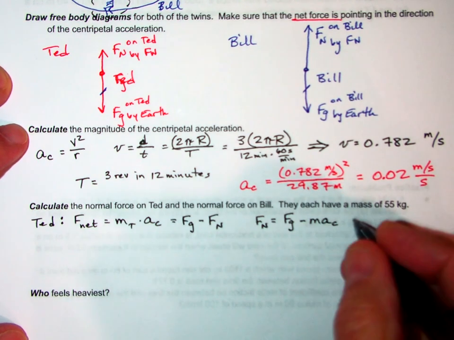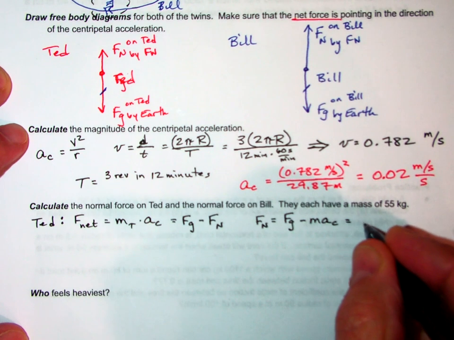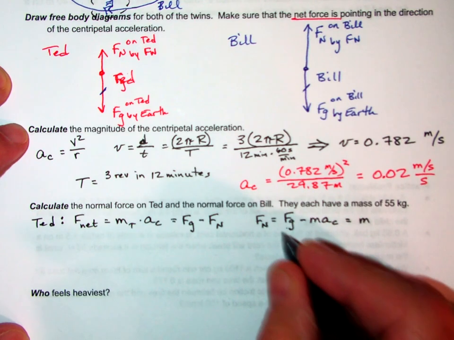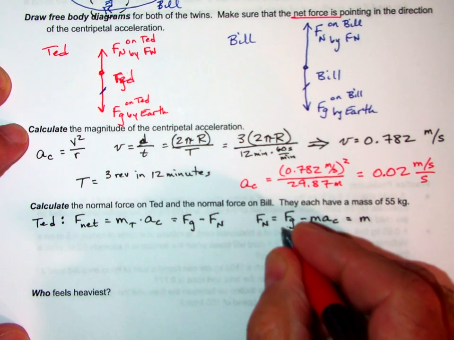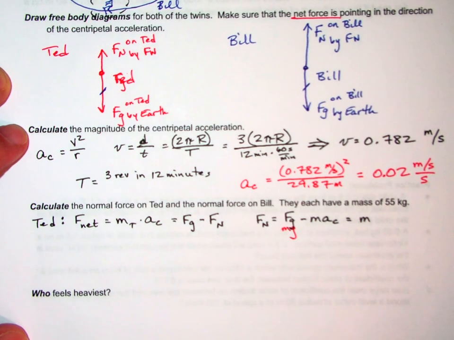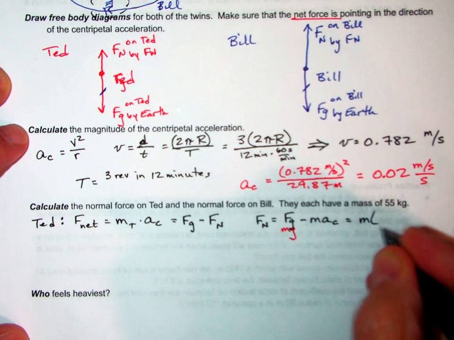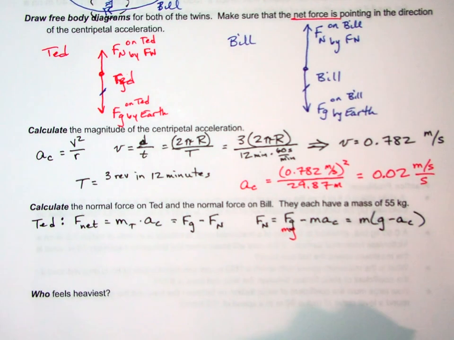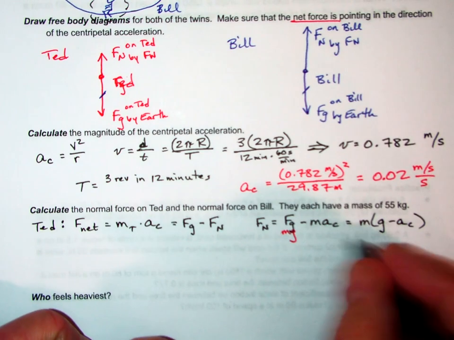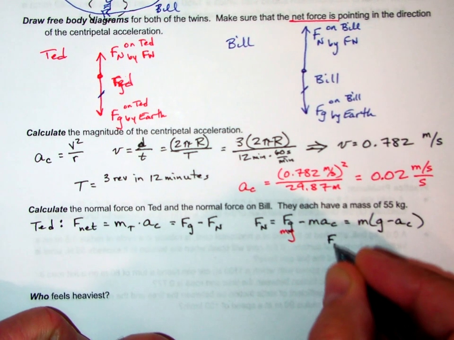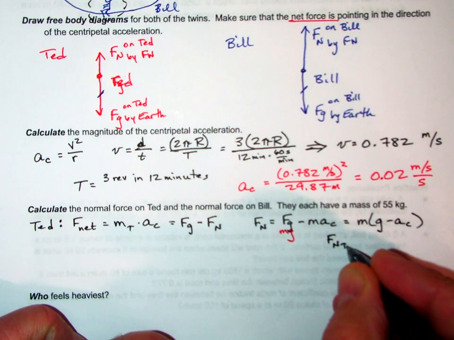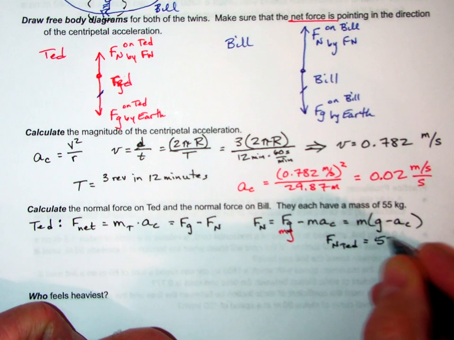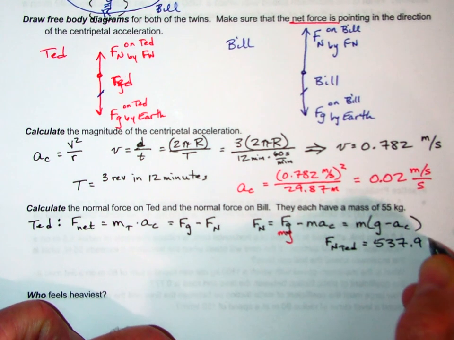Which is equal to 55 kilograms, Fg being mg. So this is mass times g minus a sub c. So the normal force on Ted at the top is equal to 537.9 newtons.